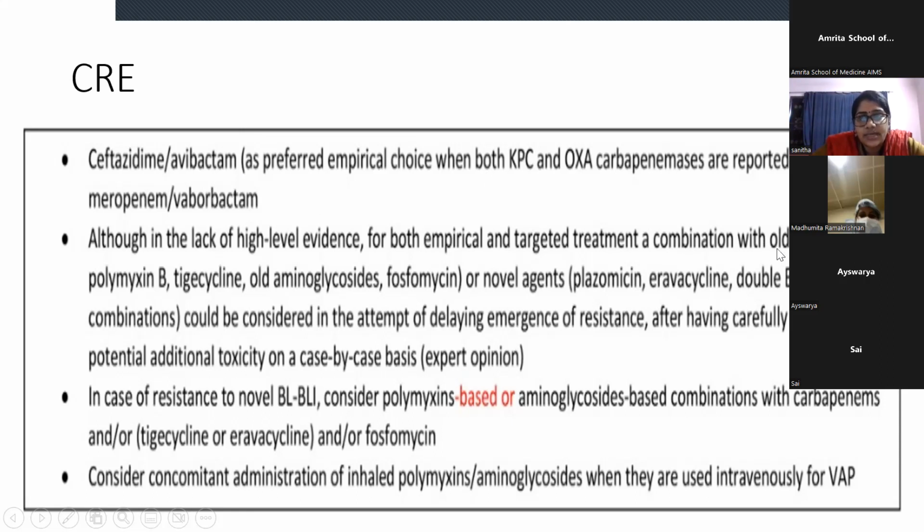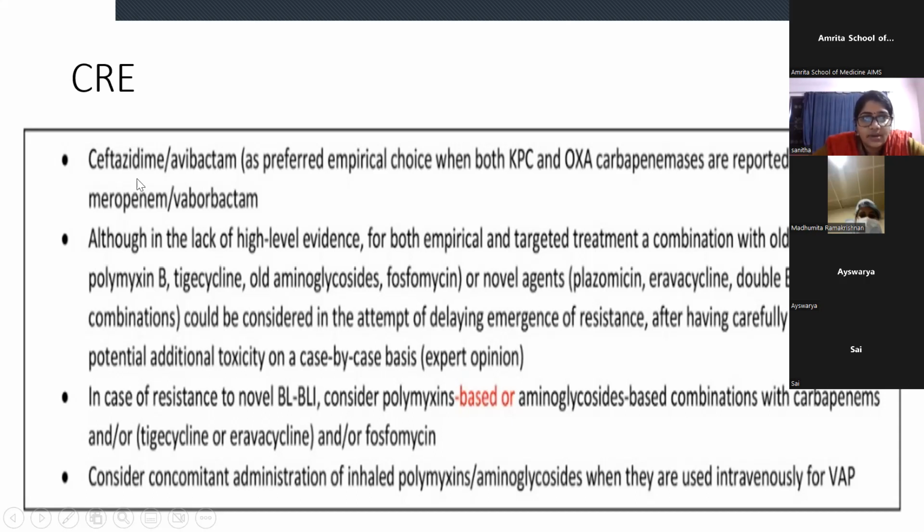Old drug means colistin, polymyxin B, tigecycline, aminoglycosides, fosfomycin, alone or in combination with novel agents, that is fosfomycin, eravacycline, novel beta-lactam beta-lactamase inhibitor combinations.